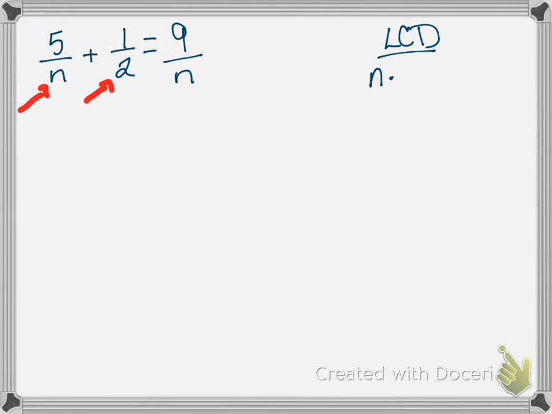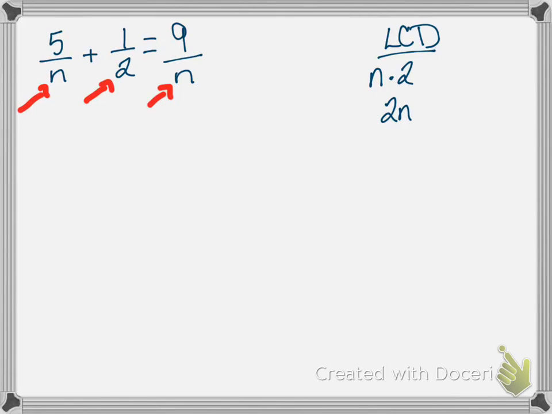What's my denominator in my second rational? 2. Is 2 already accounted for in my LCD? No, so I have to write that down. Okay? Then I move to my third rational. What's the denominator? N. Is n already accounted for in my LCD? Yes, it is, so I don't have to write it down again. So my LCD is going to be 2n.